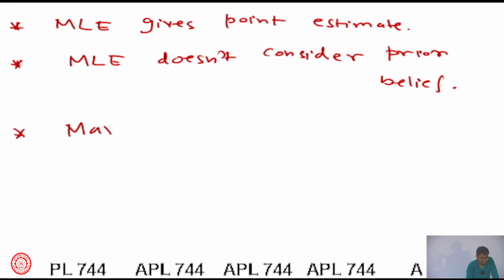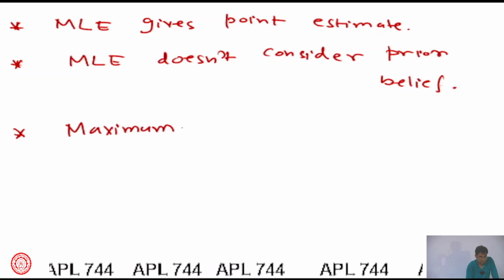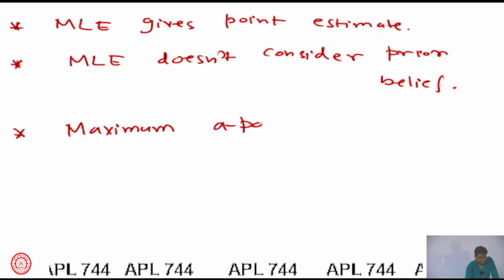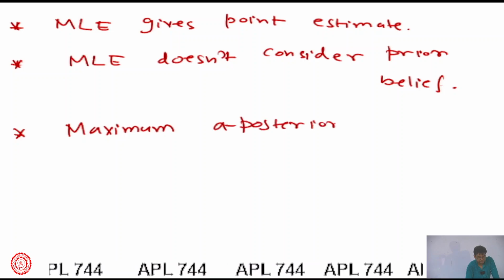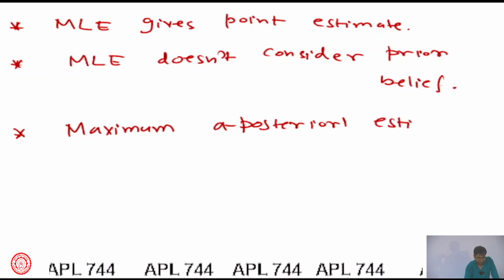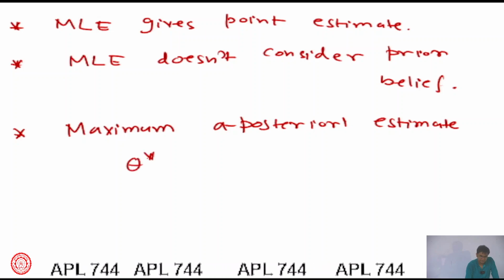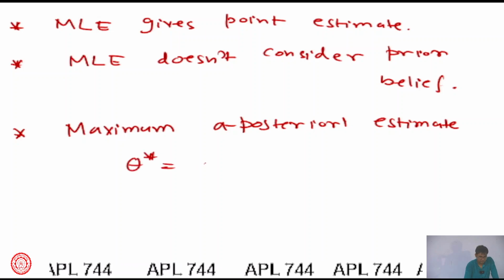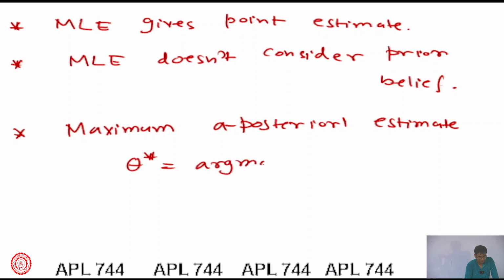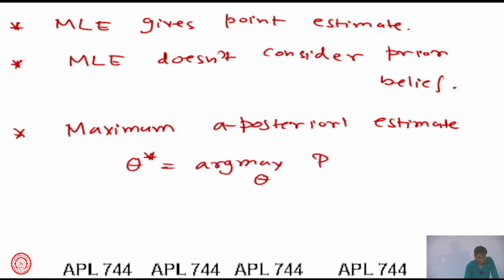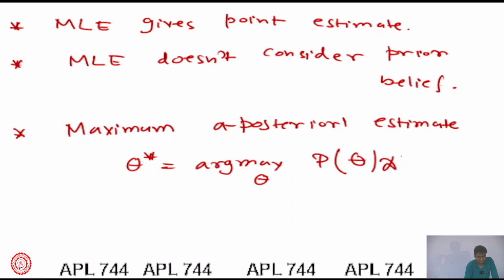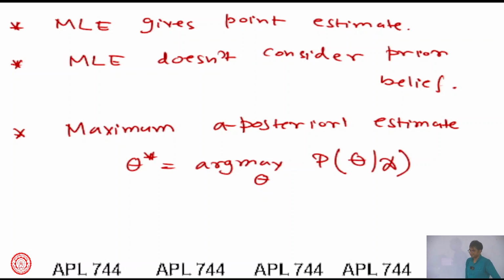So, maximum a posteriori estimate, and here what you are doing is theta star, you are still getting a point estimate, you are maximizing a probability, but you are maximizing theta given d instead of d given theta.